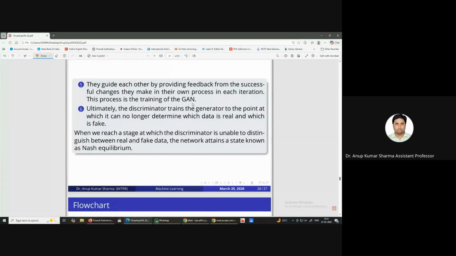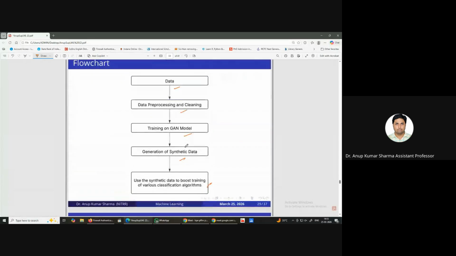Training and testing go on the same way. Ultimately this trains the generator to the point at which the discriminator can no longer determine which data is real and which is fake. So if both sets of data are included, we are artificially adding more data. This is the GAN algorithm.